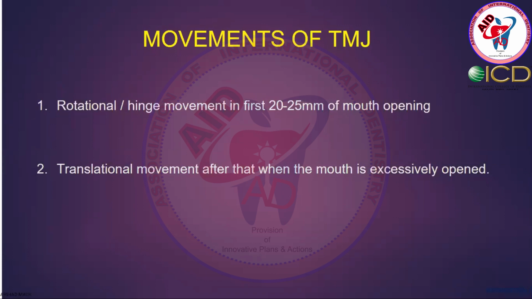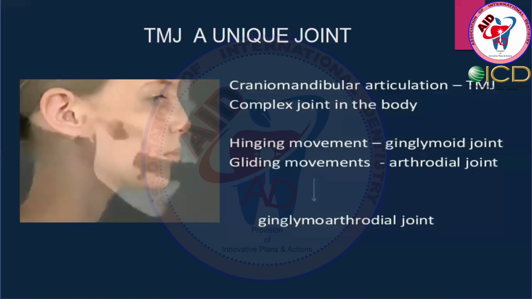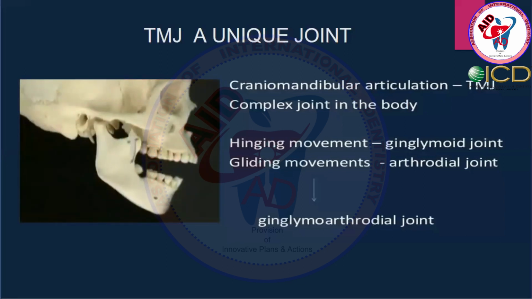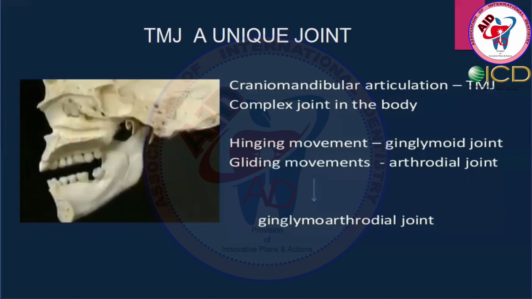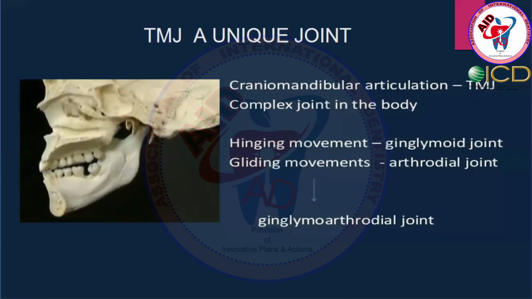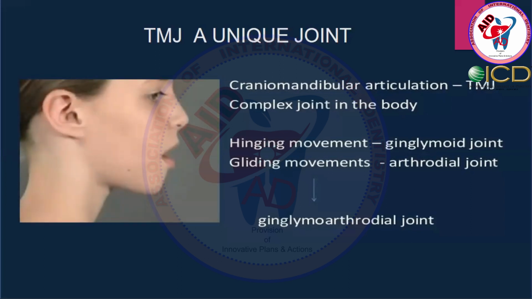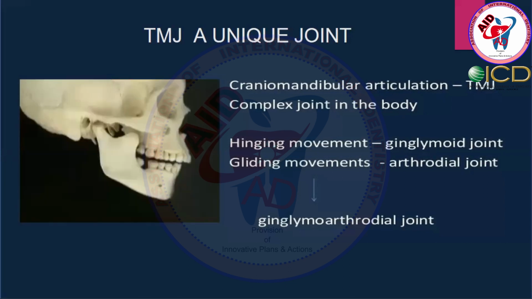Ladies and gentlemen, when you see here the craniomandibular articulation, that TMJ, is a complex body. All the joints which are only limited to the hinge movement are ginglymoid joints, while the gliding movement joints are called arthrodial joints.